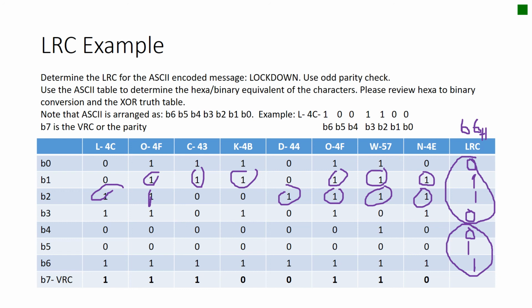Reliability-wise, the reliability of VRC in detecting error is 50%, while the reliability of LRC in detecting error is around 95 to 97%. Okay, so those two reasons are the main reasons why LRC is used more often than VRC. Okay, but a more effective one is to use LRC together with VRC.